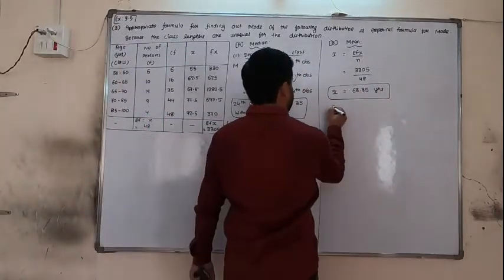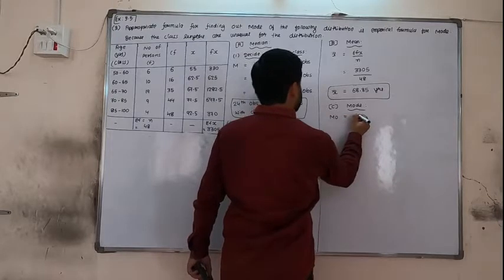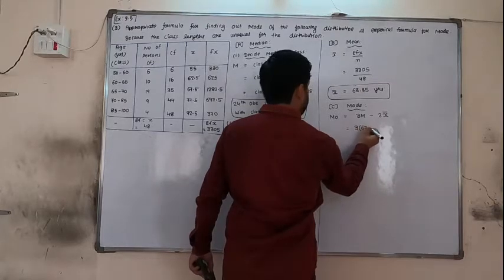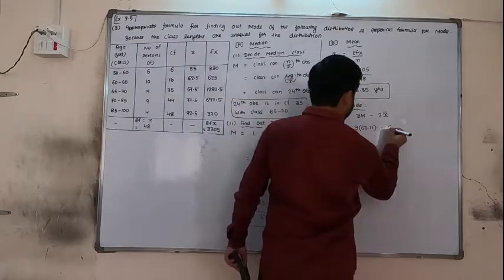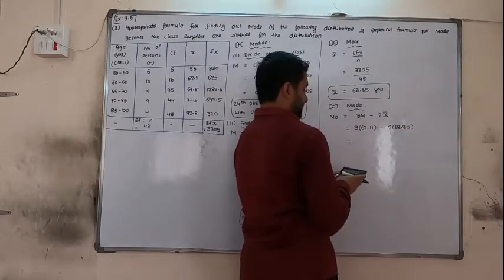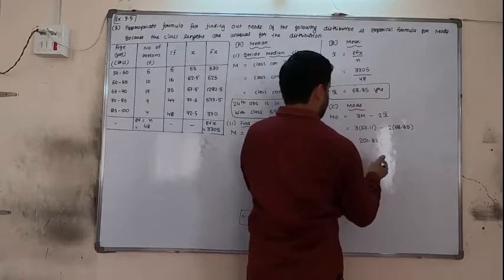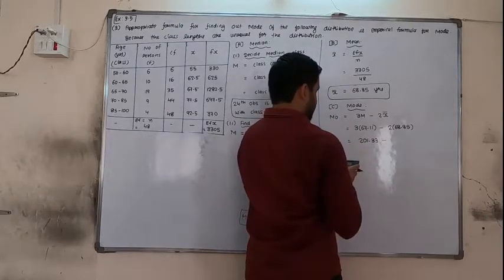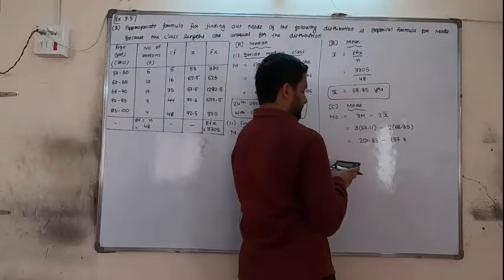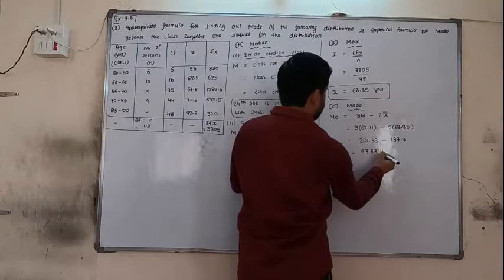Now, last, mode. Mode Mo is equal to 3M minus 2X bar. 3 into 67.11 minus 2 into 68.85. 67.11 into 3 is 201.33, minus 2 into 68.85, which is 137.7. 201.33 minus 137.7 is 63.63 years.